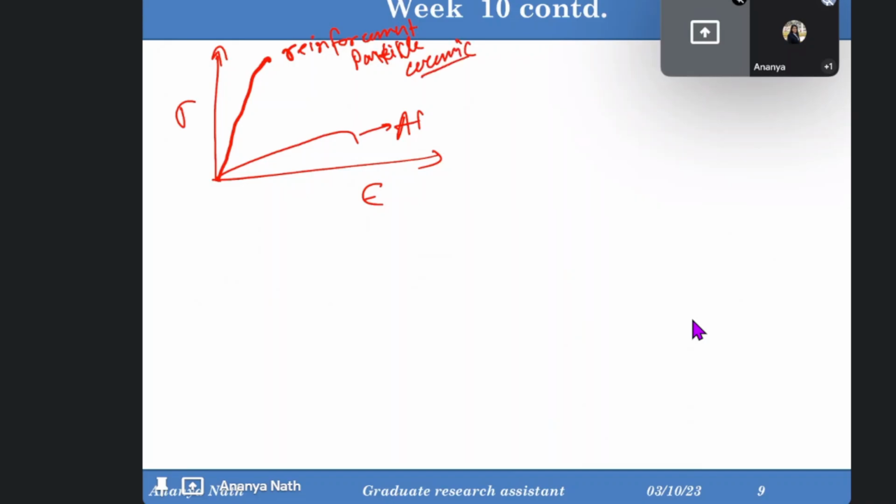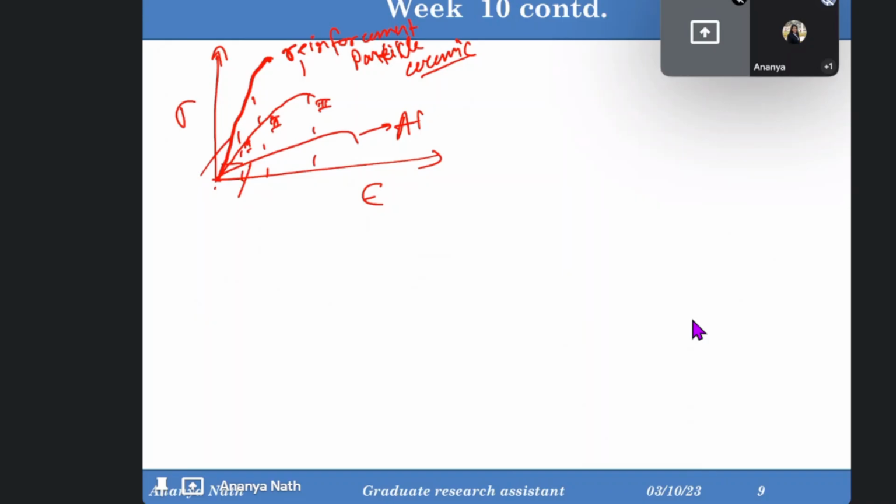The composite will have somewhat an average value of these two. If we divide the zones like this, stage 1, stage 2 and stage 3, then in stage 1 both materials are in the elastic region. This is also elastic, this is also elastic.